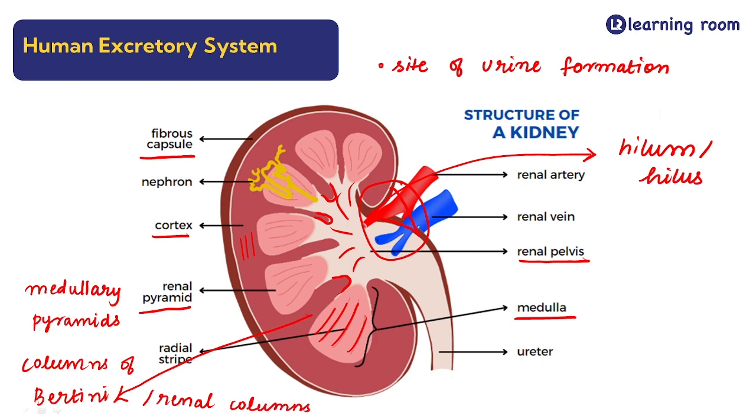The human kidney contains at least 12 to 16 renal pyramids. The radial stripes that are present on the medulla indicate the numerous kidney tubules. The kidney tubules or nephrons are the basic functional unit of the kidneys.